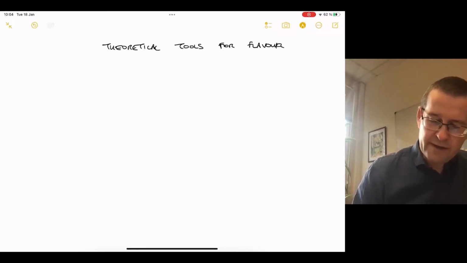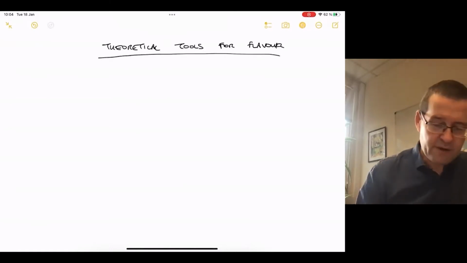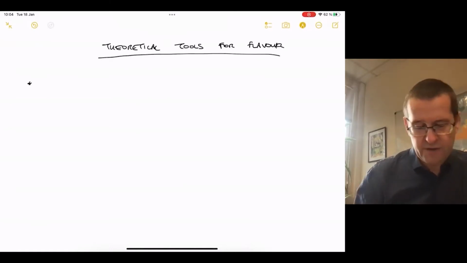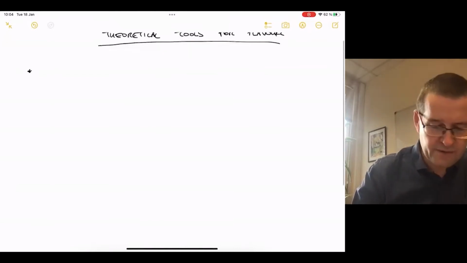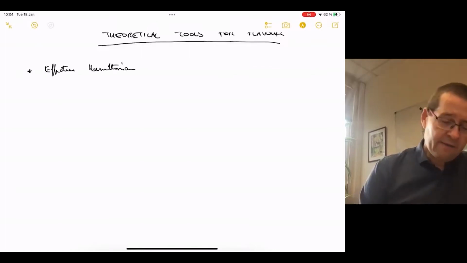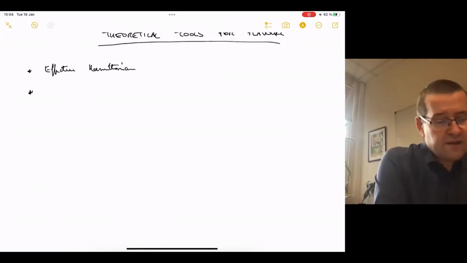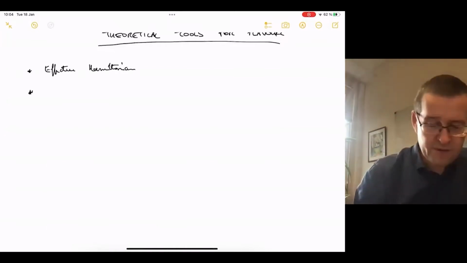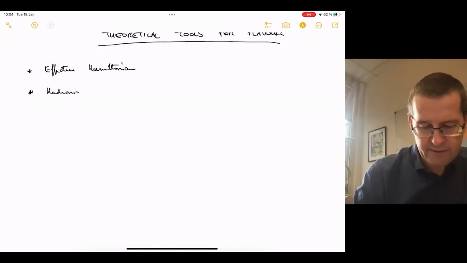I don't know up to which extent I will be able to cover everything today, but one thing which is clearly important for what we are discussing is everything related to the effective Hamiltonian. Then the second question is how to tackle hadronic matrix elements.